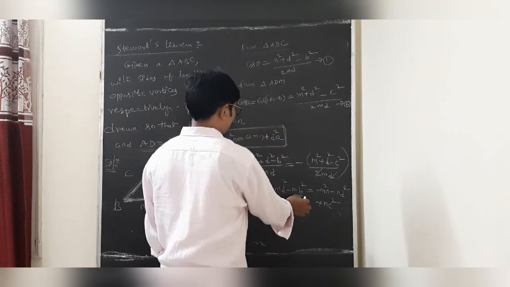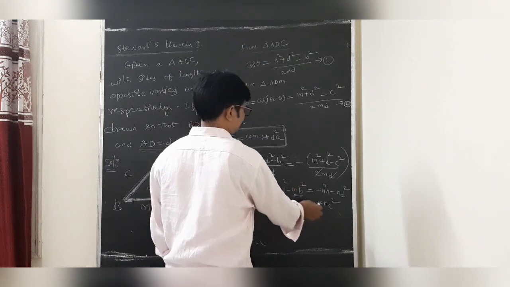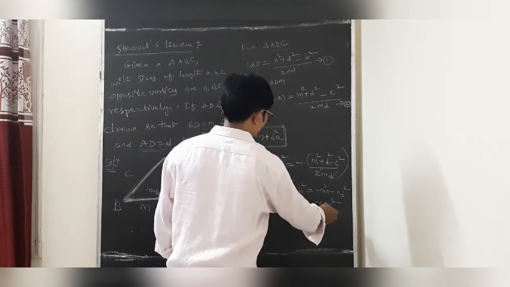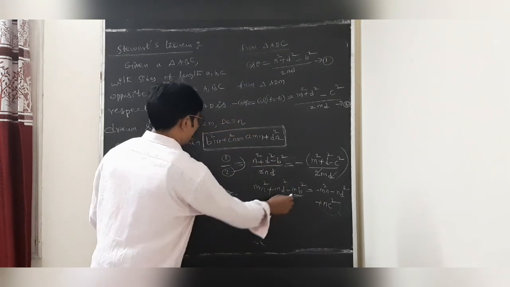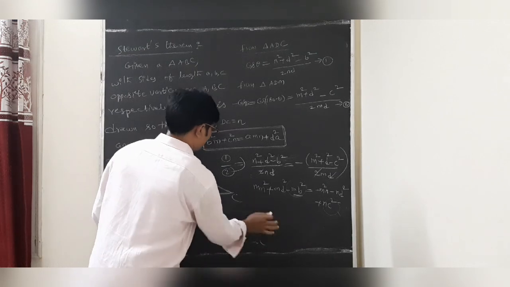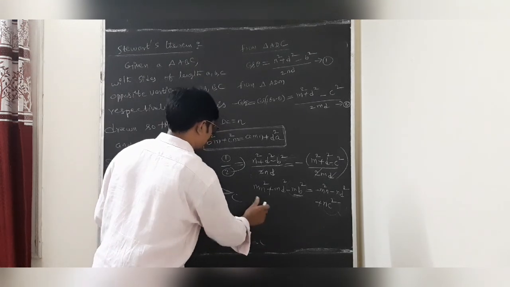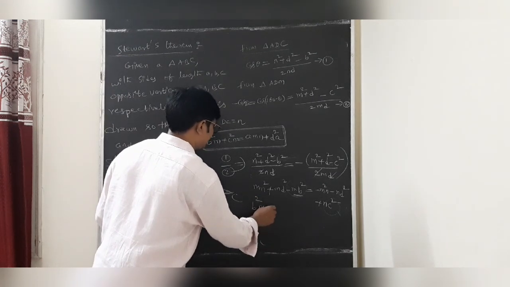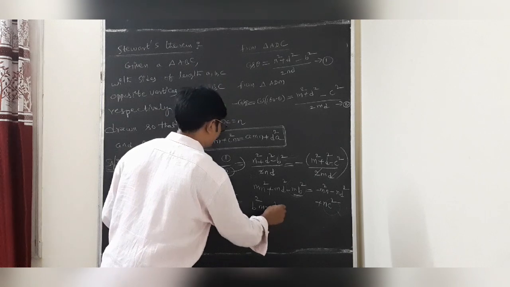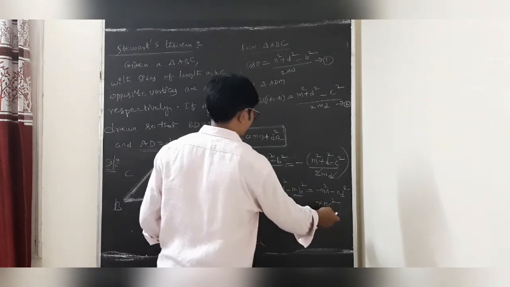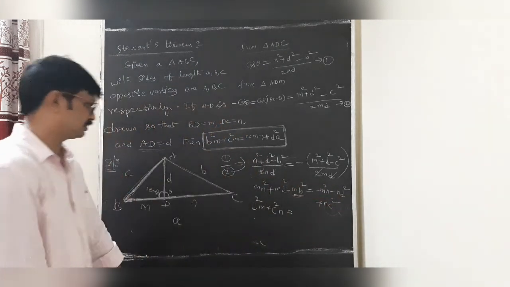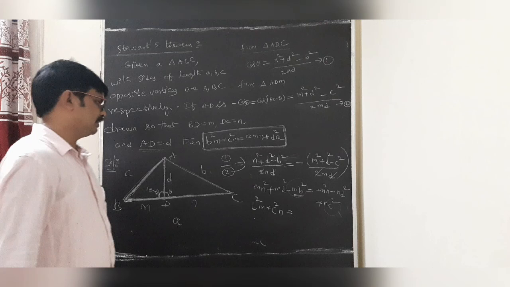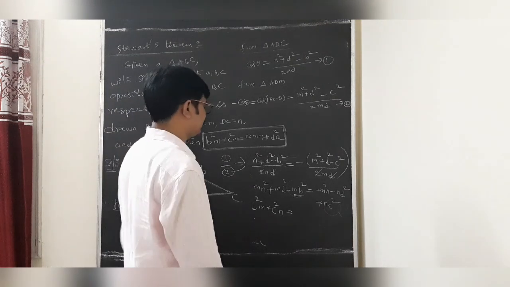Remaining terms are all sent to the other side, giving b square m plus c square n.